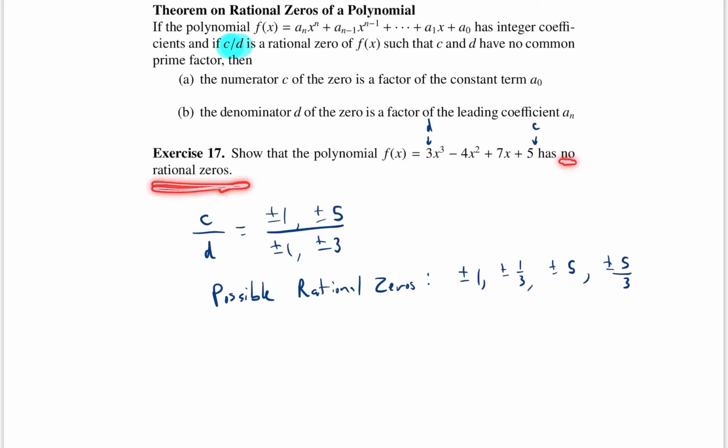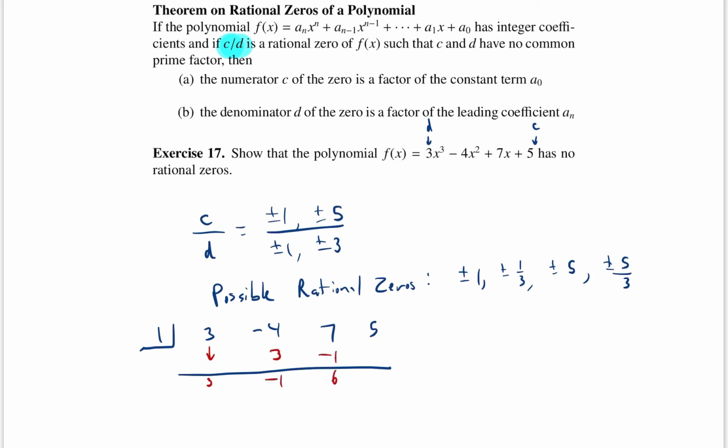So we'd have to go, and they're saying show that the polynomial has no rational zeros. So the way we would do that, this is going to take a while, is you're going to use your synthetic division. So we'll start with positive 1, put that in the upper left corner, and then write out the coefficients. So the coefficients are 3, negative 4, 7, and 5.